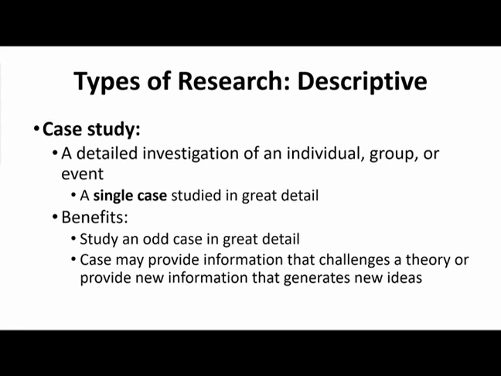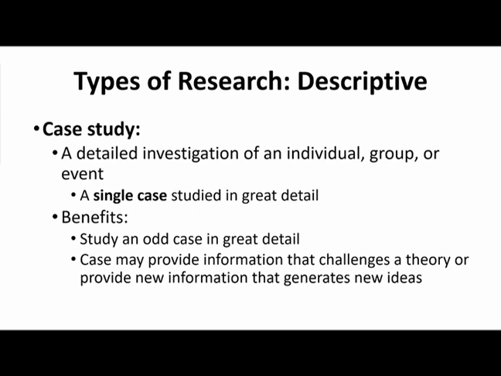And these case studies give us some decent benefits. You can look at this one odd case in great detail. We know all sorts of information about Phineas Gage's brain and how his behavior changed, all sorts of details about the parts that were damaged and how his behavior changed because of that damage.